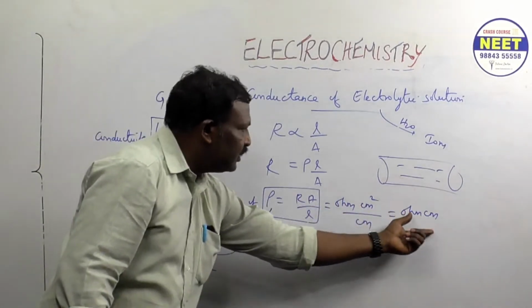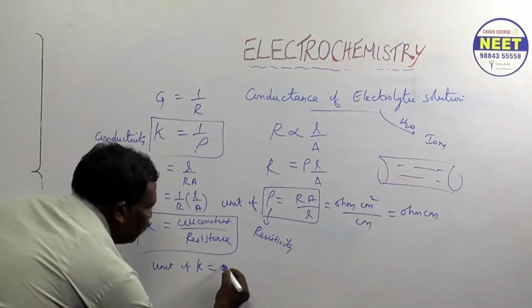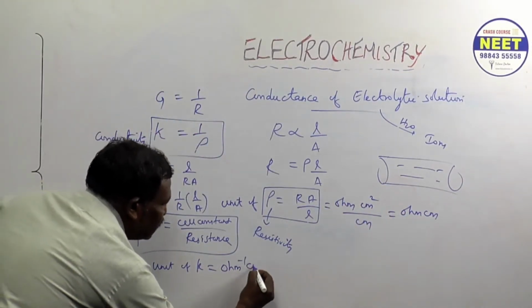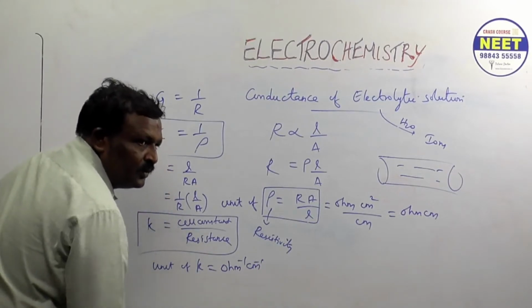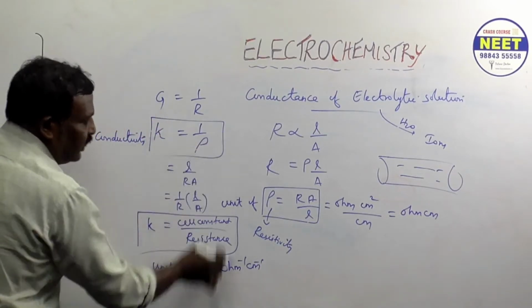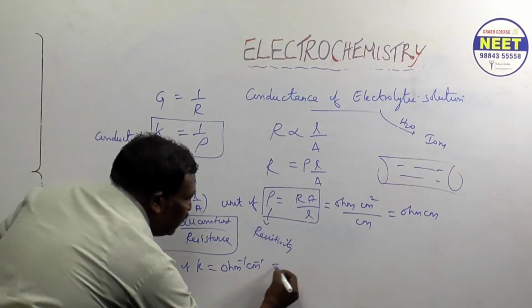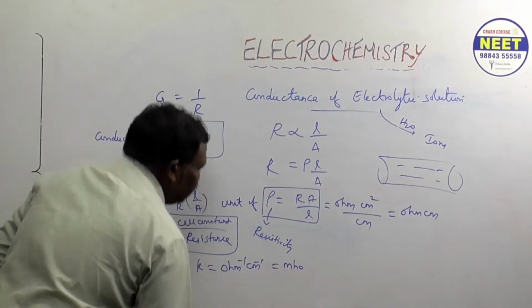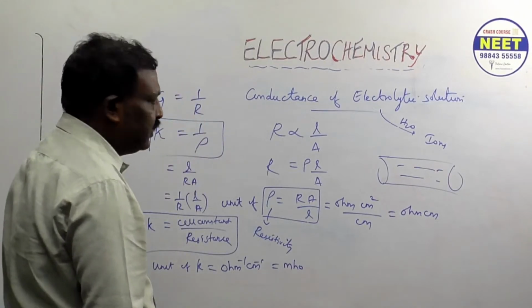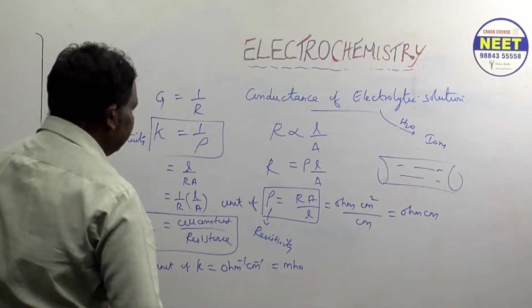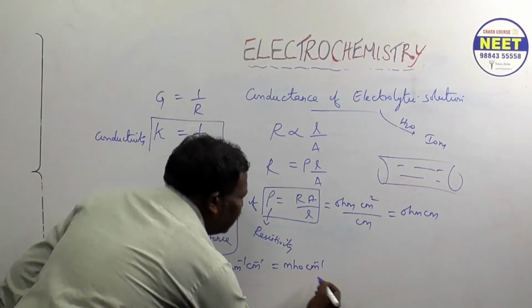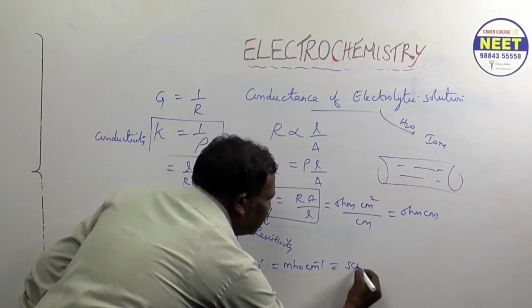So this will be ohm inverse, correct or not? Kappa is equal to 1 by rho. Rho we know. Understand? Ohm inverse is nothing but mho. In other words, we can write mho centimeter inverse. Mho is nothing but Siemens.